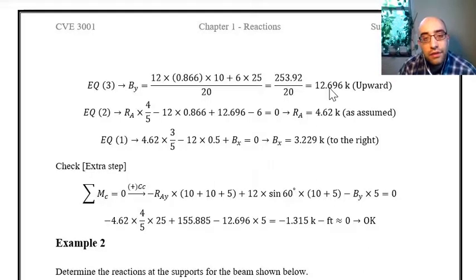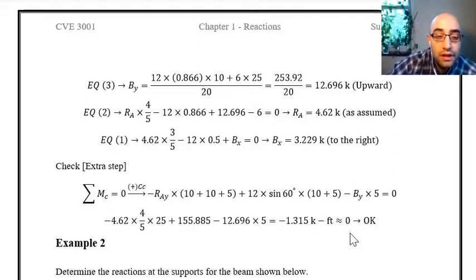If I wanted to use the very accurate value, I should have included more digits after the point. But because I rounded these values in my calculations, at the end there is some error. But as you can see, it is very close to 0. So we can say it is almost 0 and the solution is fine.